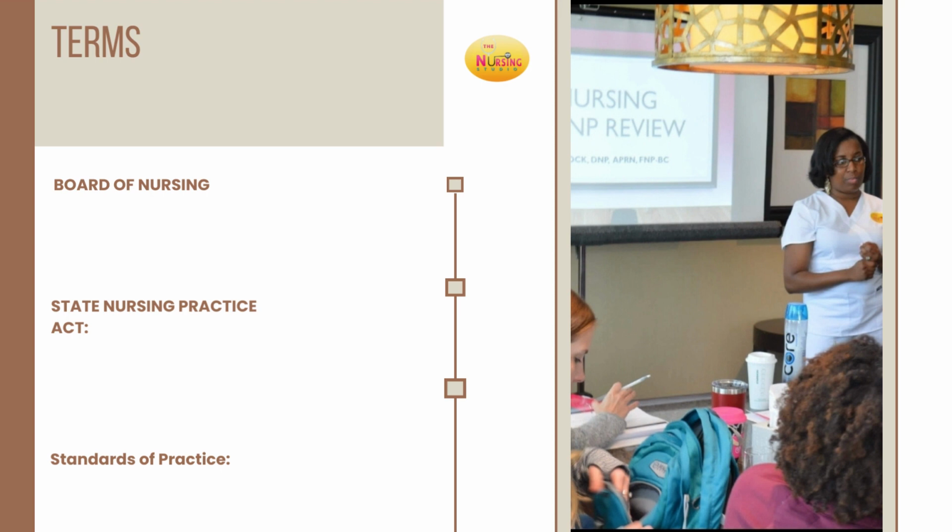So the Board of Nursing, we know that the Board of Nursing is a state agency, and they're here to make sure that the nurses in their state are following and competent to provide nursing care to the public, right? So the Board of Nursing is the one who is ensuring that competency of the nurses in their state. Now, the State Nursing Practice Act is the actual law of the responsibilities of the nurse's scope of practice, and there may be slight variances state by state.